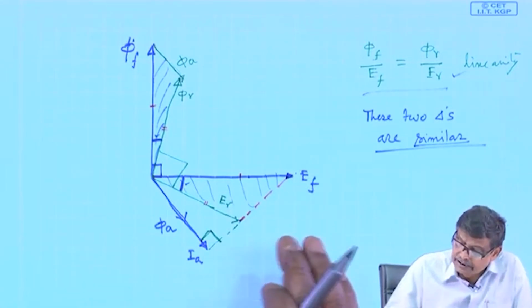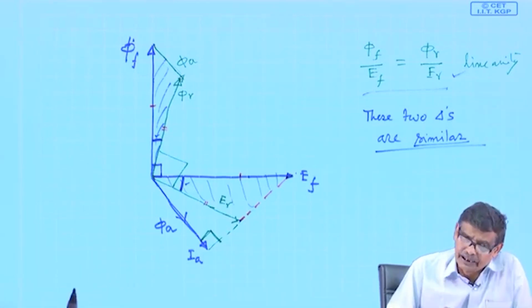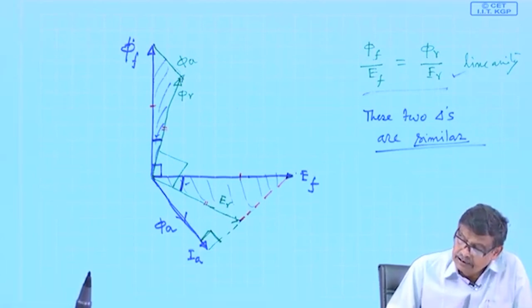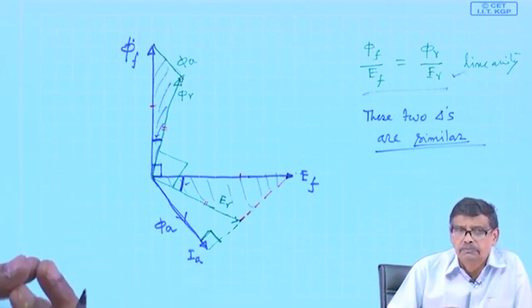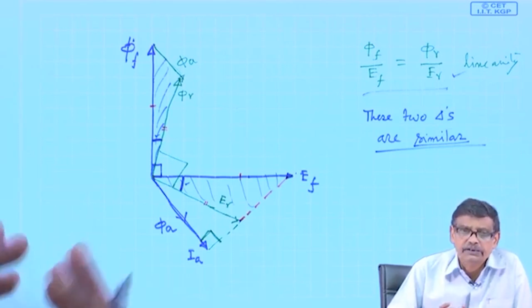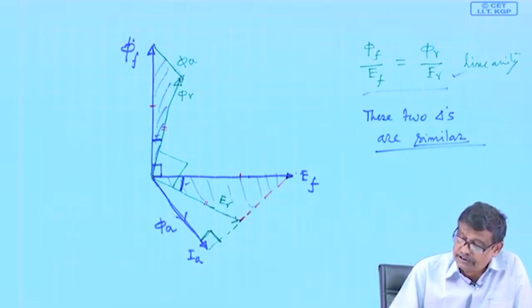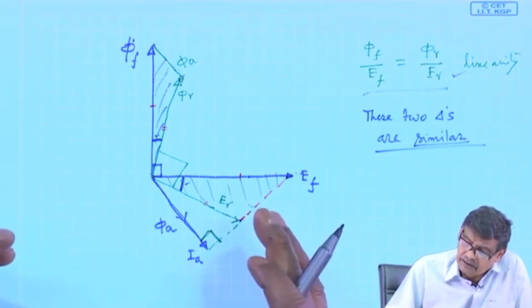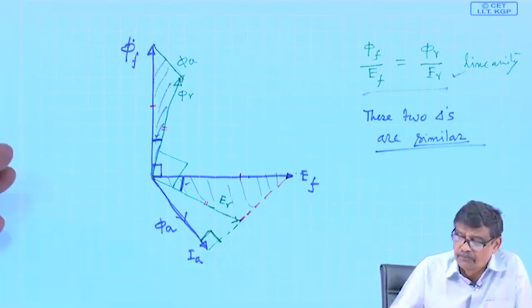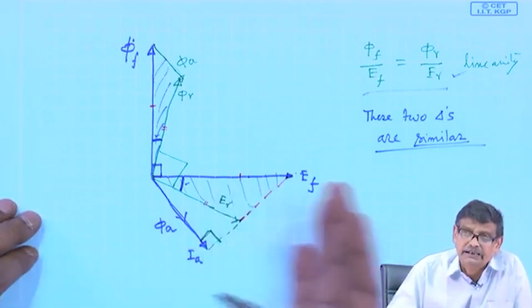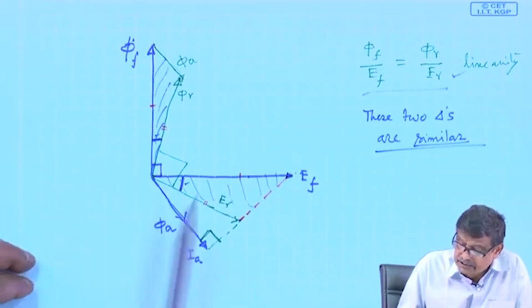Now, we are at a very important stage. One can therefore say that to obtain the equivalent circuit or performance analysis of a synchronous machine, perhaps the load changes, it may be a leading power factor load, lagging power factor load, varying load, whatever it is, steady operation then demands that ER goes on changing.